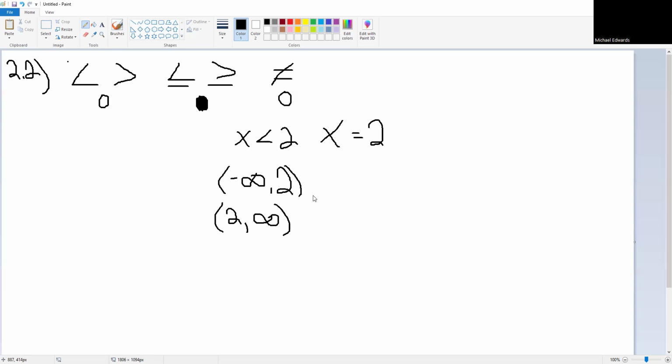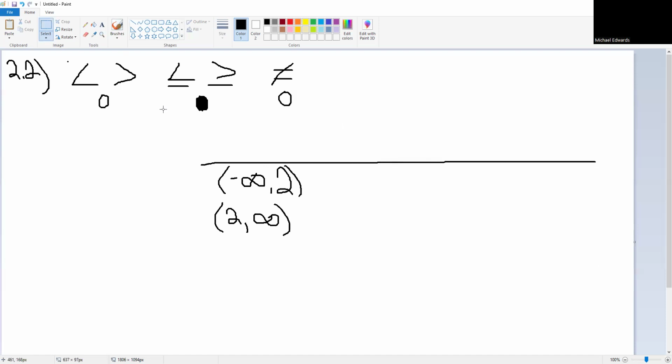Okay, so for this one, we have a test point. This is our intervals right here. This is our test points.